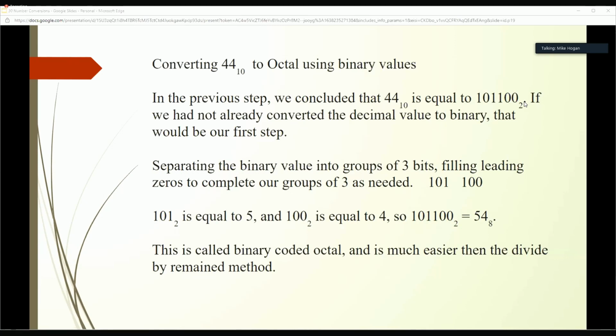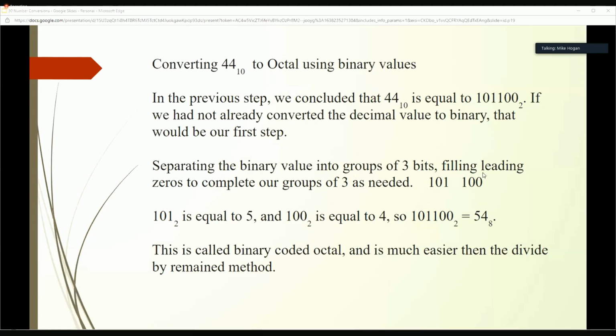But let's just start at the decimal. Let's take 3 binary bits. Next 3 binary bits. And we know that the largest number you could have in binary with 3 bits, 111, you guys told me was 7, right? Well, that's the largest number you can have in octal: 7. So we can split this binary number into 3 bits, and now I'm only working with those 3 bits.